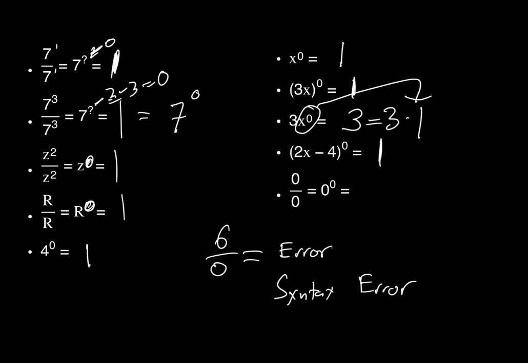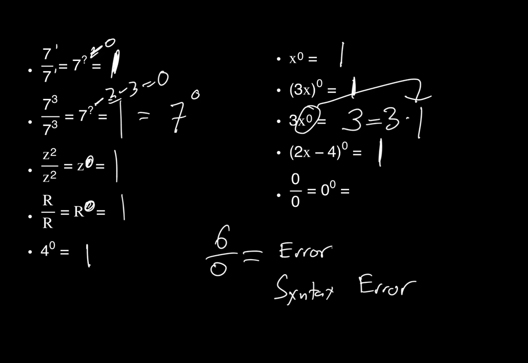It might say a lot of different things, but it will never say 0. And the reason why, when we think about this, how many zeros go into 6? All of the zeros that exist in the world and beyond, all of them can go into 6. And when I'm done putting all of the zeros into 6, my leftover is 6. Because 0 has no value. Which is why we say it's undefined.